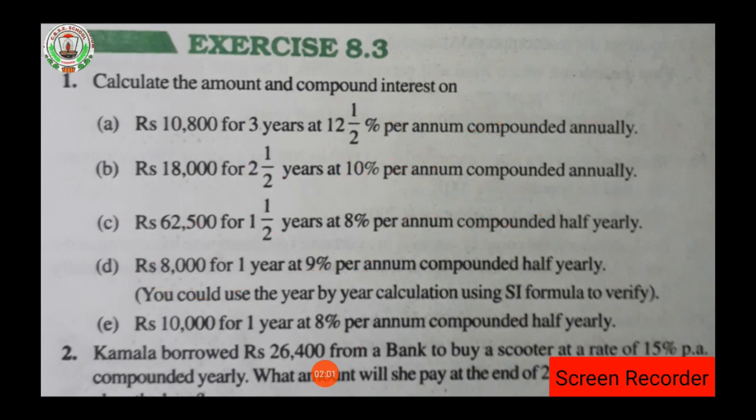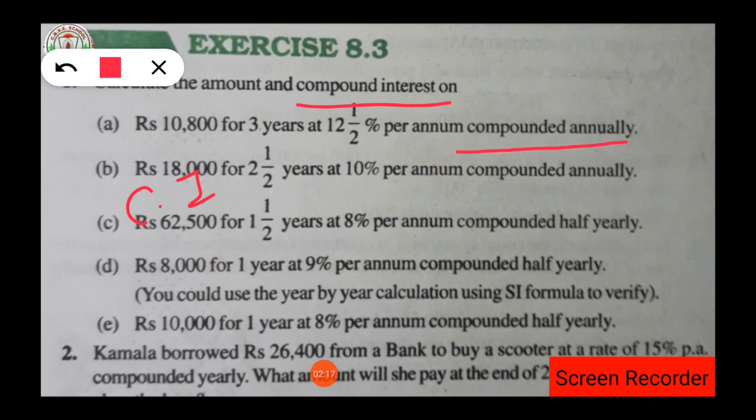Clear? Now second, what we have to find in this question is compound interest. In order to find the compound interest, CI is the short form of compound interest, three conditions are there. What is the first condition?